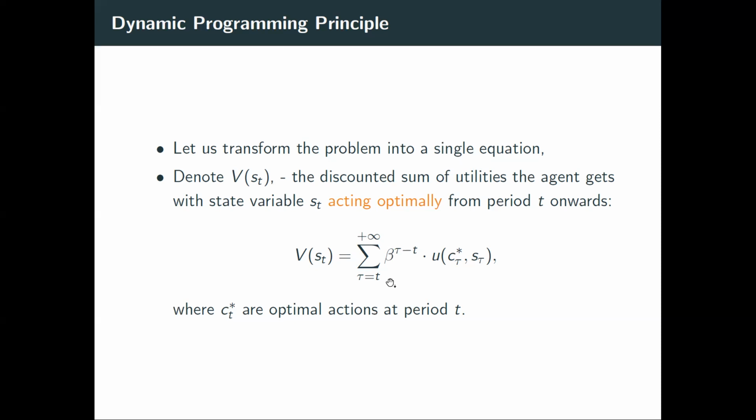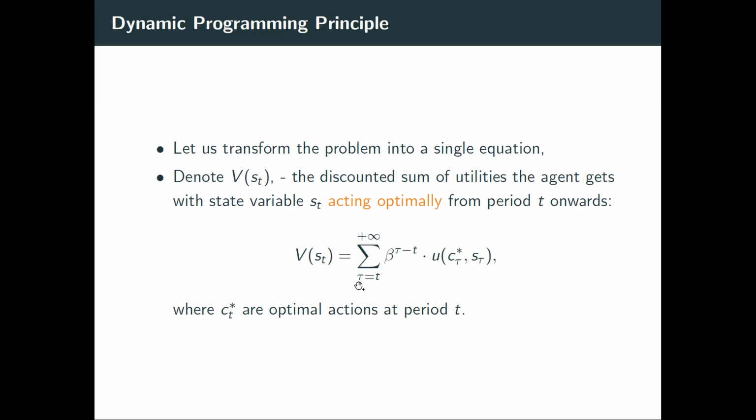Again, just to remind you, the value function is a numerical value that you gain from an optimal choice of CT from now onwards. So it's in state ST, and first you choose CT, then CT plus 1, CT plus 2, and so on.